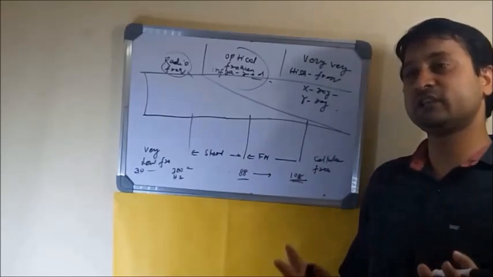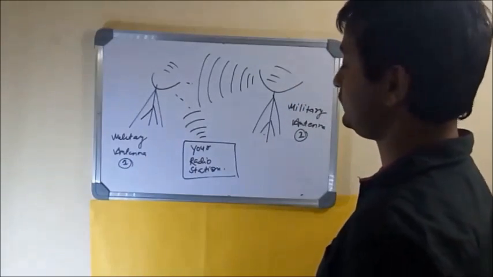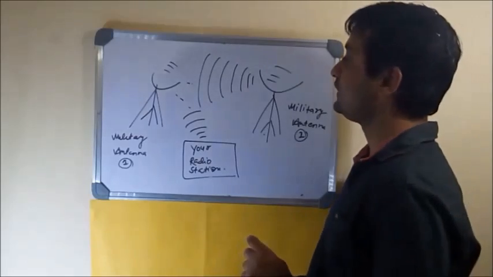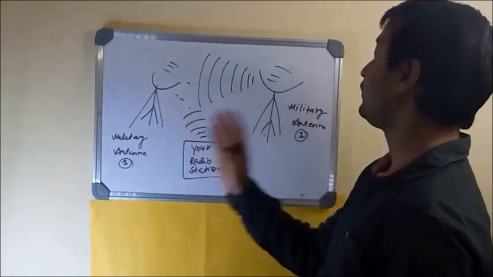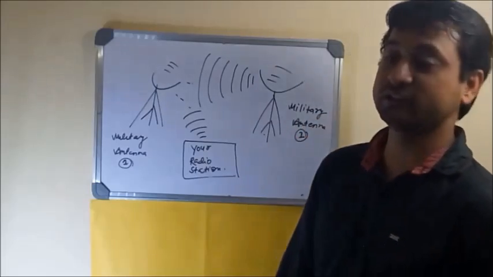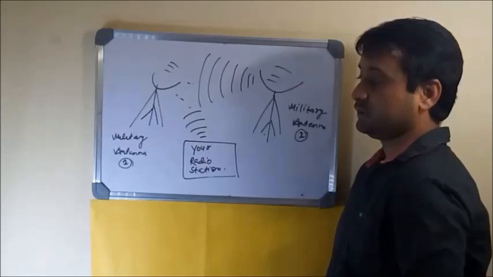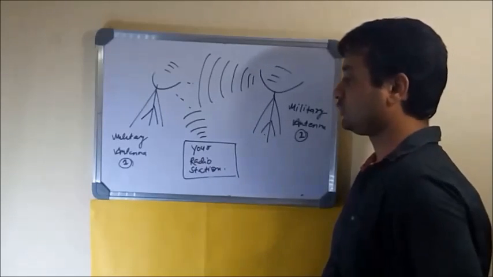I am giving a very basic example. Let us assume we are talking about some area, like a defense area. There are two antennas there, one for receiving and one for sending. Suppose some sensitive information is sent from antenna 1 to 2 in a remote military area, and nearby your radio station is also there.